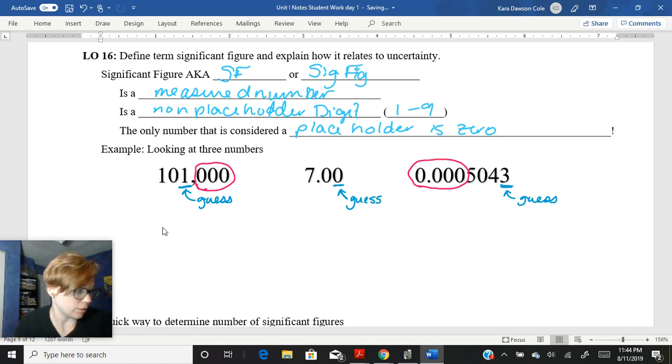So again, this is also telling me, my tick marks are here and here for this number. My tick marks are here and here for this number. And my tick marks are here, here, and here for this number. So again, these are kind of showing that place. So let's look at the lowest tick mark number.